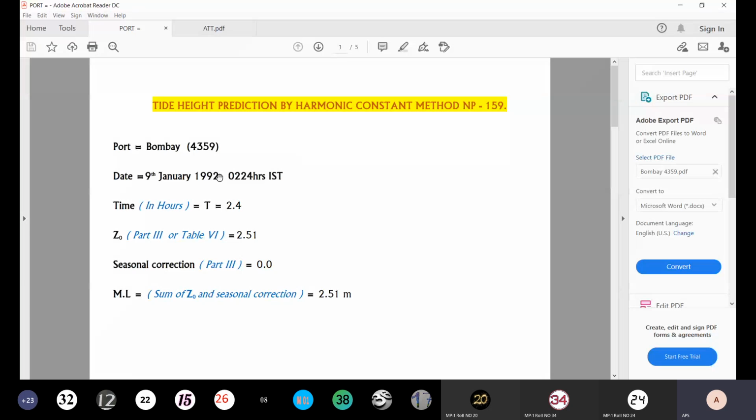So if in the question paper they have given you for Bombay 0224 GMT, immediately add 5.5 hours, call it IST, and calculate for that. So convert GMT to standard time, then only start calculating. Only once have they given it in the past; otherwise they always give you local time, standard time.